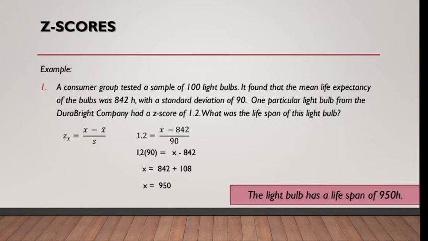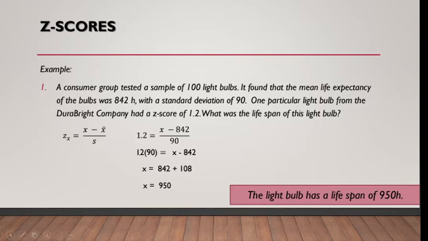So did you notice, guys, in the first sample the x is what we look for, since the z-score value is given? This is the formula we should use when the z-score is given. So in the problem, the bulb has 1.2 as the z-score value.